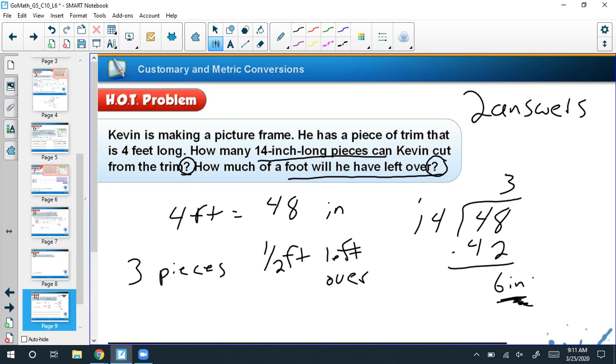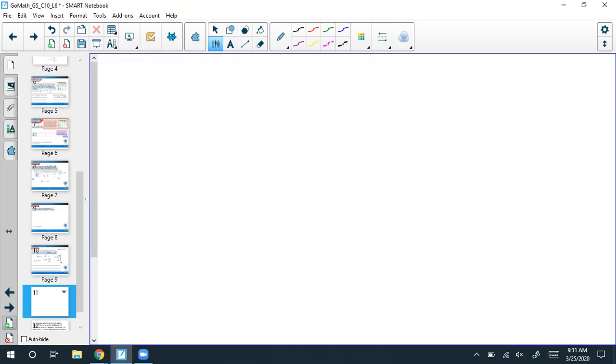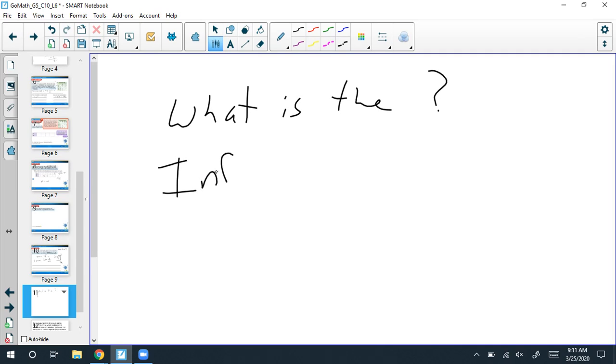So again, as we went through all of our problems today, the first thing we want to do is ask ourselves, what is the question? Once we've identified our question, we need to look at the information needed to solve the problem.